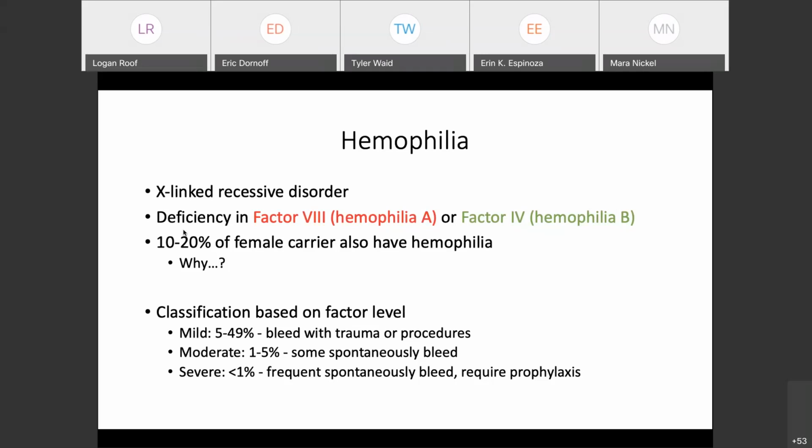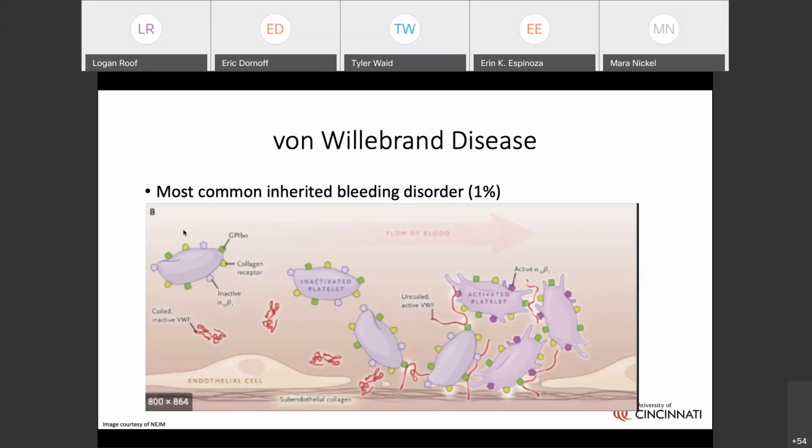Von Willebrand's disease, on the other hand: remember that when there's any kind of endothelial damage, von Willebrand factor is released from the endothelium and unravels itself. It's a huge molecule and it binds to platelets, which are here in purple, and that's the start of primary hemostasis for clotting.